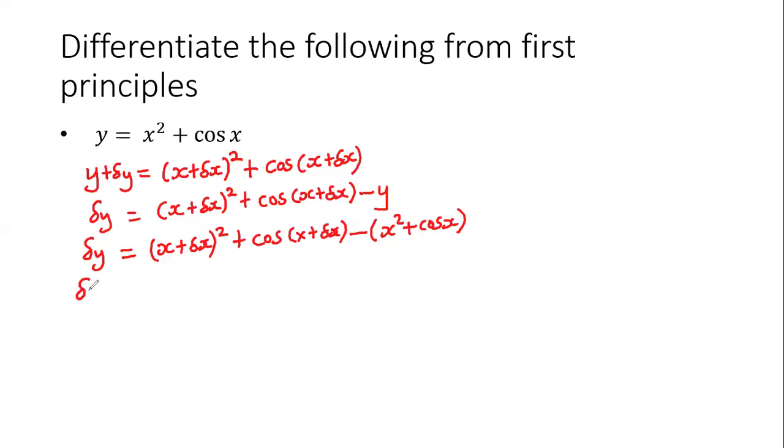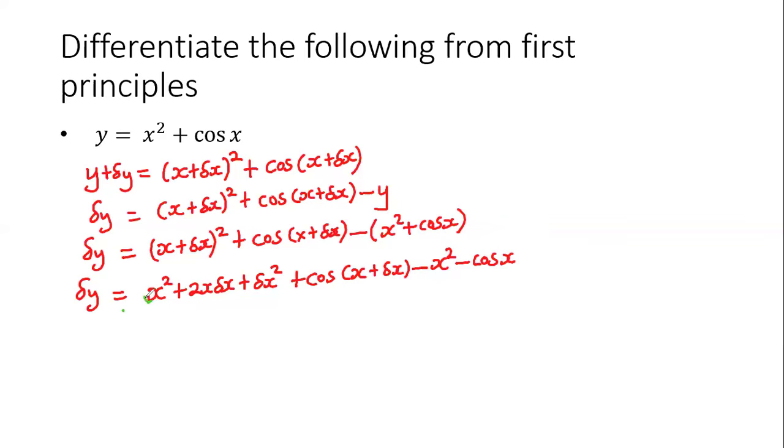The x plus delta x squared, you are going to allow me to expand it very well as x squared plus 2x delta x plus small change in x squared. Then plus cos of x plus change in x minus, opening brackets very well, x squared minus cos of x. Whatever cancels, you remove.